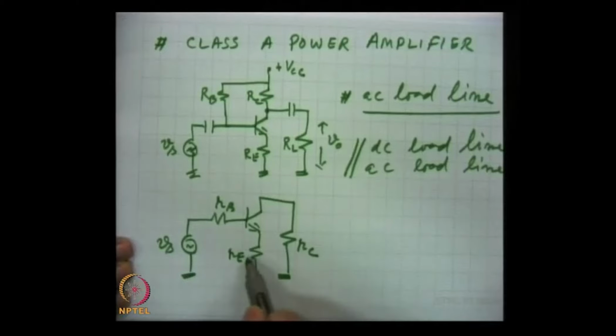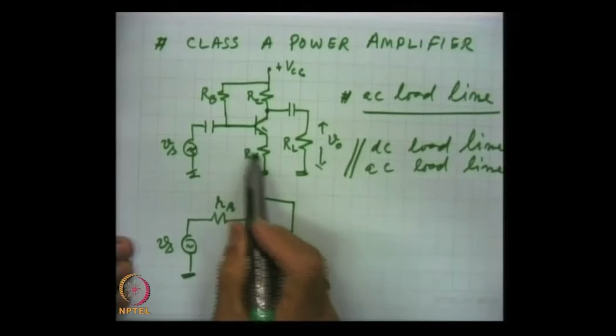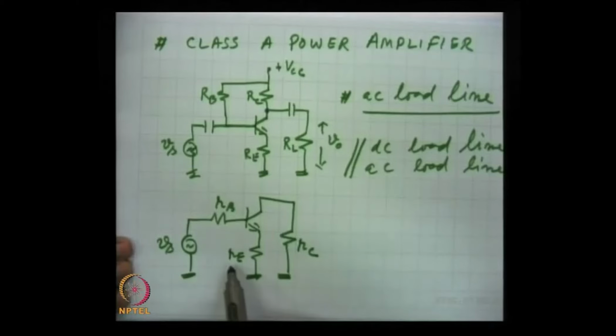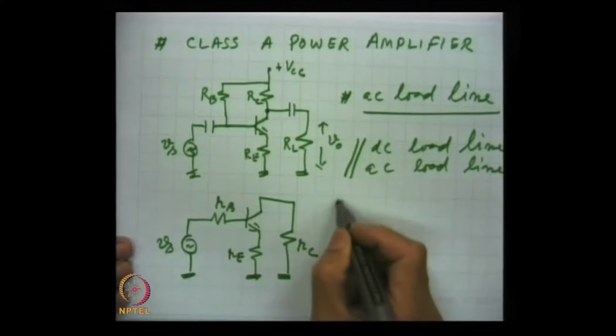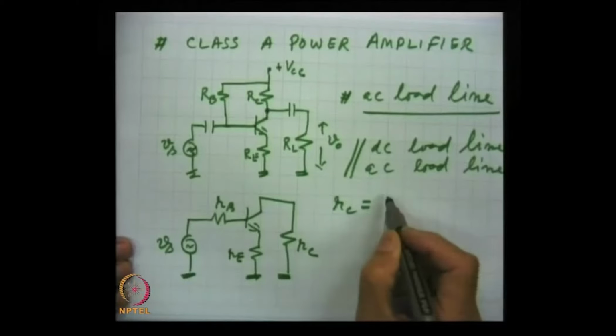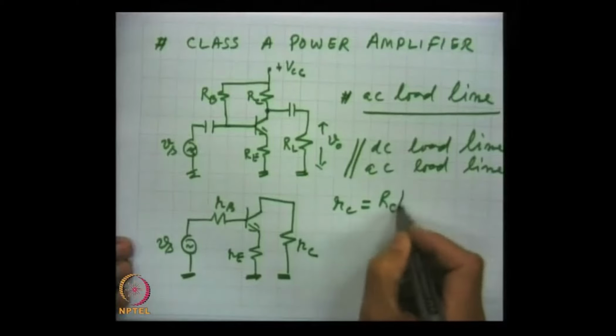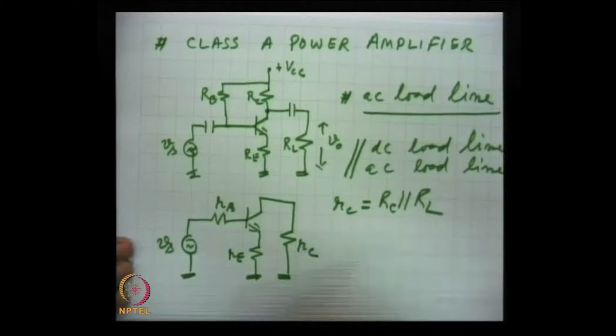Here, instead of RE, I have written this RE', the effective AC impedance seen by the emitter. Similarly, the RC here is RC in parallel with RL, the effective AC impedance seen at the collector.